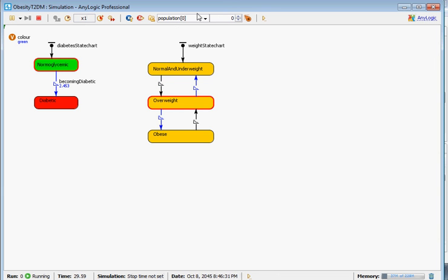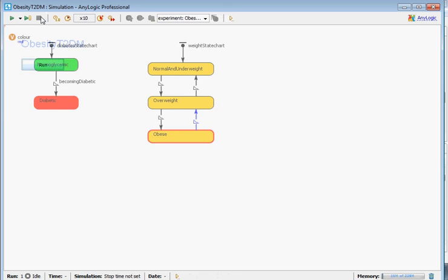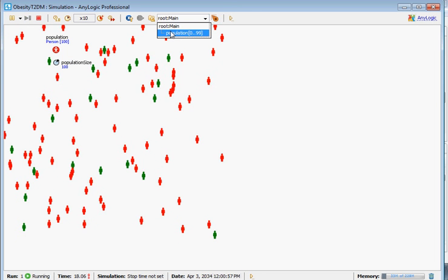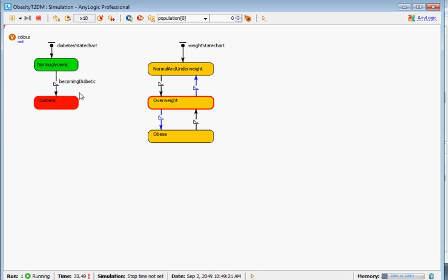So here's somebody, ladies and gentlemen, that is in an overweight state right now. We could speed this up here, and they are changing states over time. Now, you'll notice that there's certain information that was visible on the left-hand side here, for example, that's not visible here.